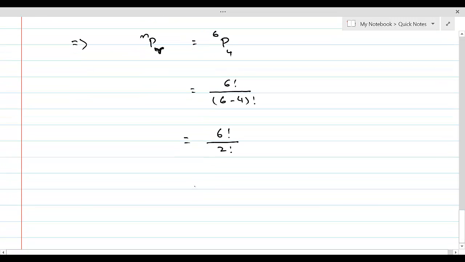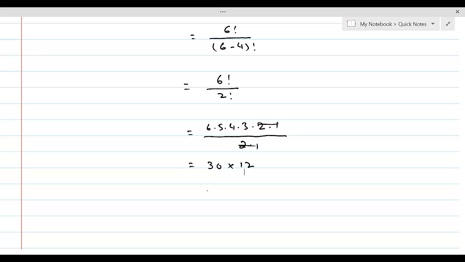This means this is 6, 5, 4, 3, 2, 1 divided by 2 times 1. So this 2 times 1 is cancelled with this 2 times 1, and now what we are left with is 6 times 5 is 30, times 4 times 3 is 12, and this is 360.